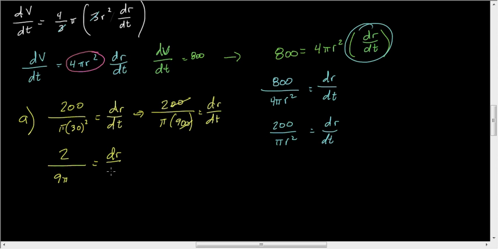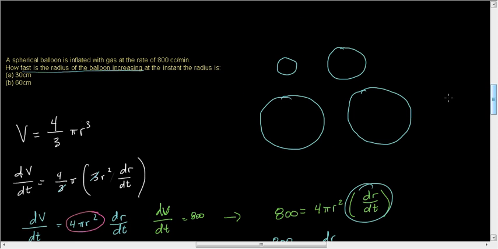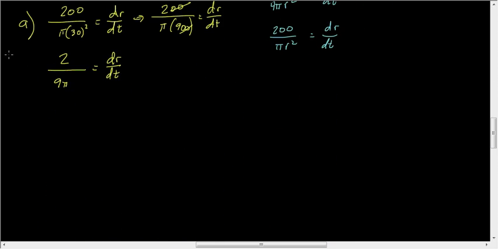Now, going back, we said that if we blow the same amount of volume into a small balloon, part A, you'll get a lot bigger change. But if you blow the same amount of volume into a bigger balloon, you'll get a smaller amount of change. We should expect part B then to be smaller than part A. So if we take this in, it's 200 over pi, and this is 60 squared now, is equal to dr/dt.